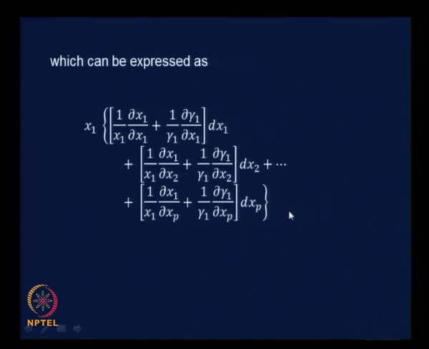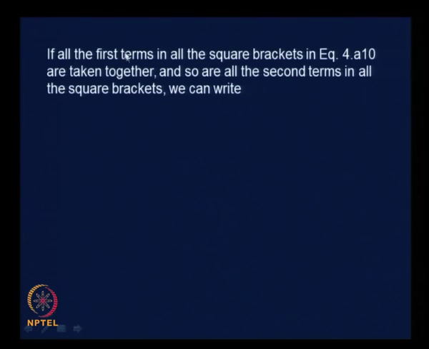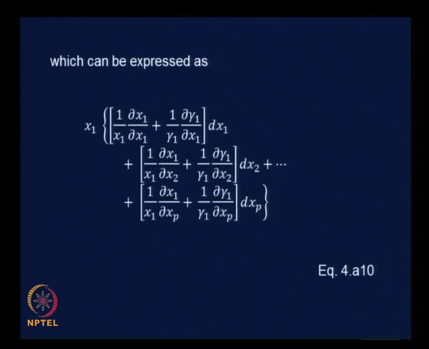This also is partial. We will call this equation 4A10. If all the first terms in the square brackets of equation 4A10 are taken together and all the second terms in the square brackets are taken together, what I mean by that is, this was 4A10. So, we will combine 1 by x1 dou x1 dou x1 dx1 plus 1 by x1 dou x1 dou x2 dx2 and so on, plus 1 by x1 dou x1 dou xp dxp.